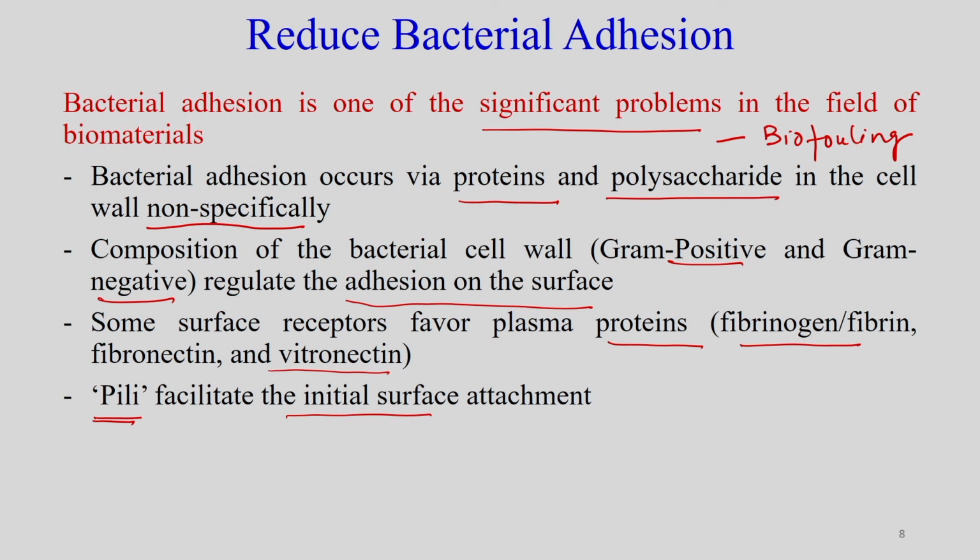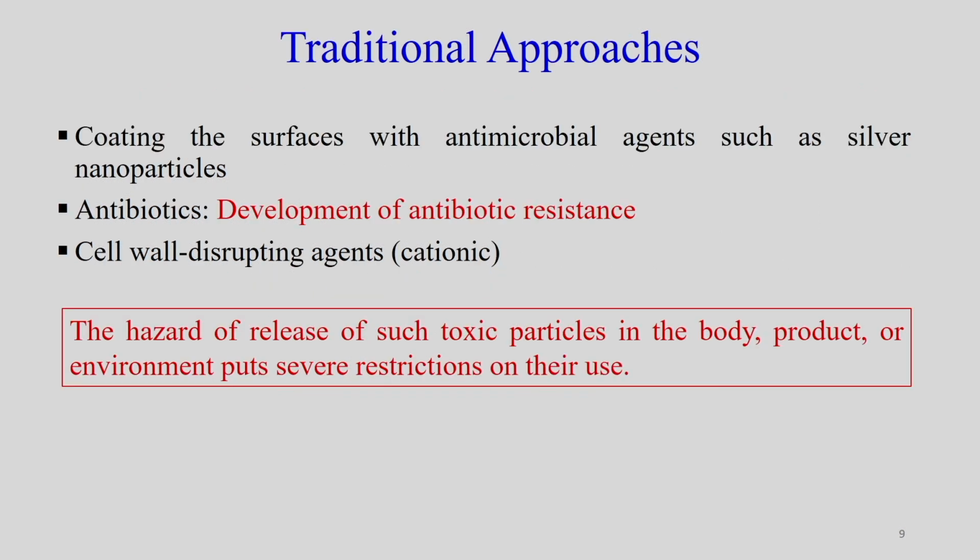Now, if you want to reduce or minimize this bacterial adhesion, we have to stop or inhibit these interactions. So, the traditional approaches, or you can say the classical approaches, are coating with antimicrobial agents, one example being silver nanoparticles.